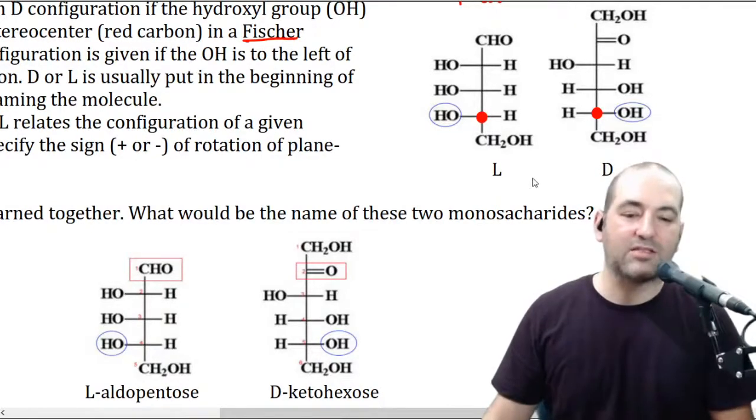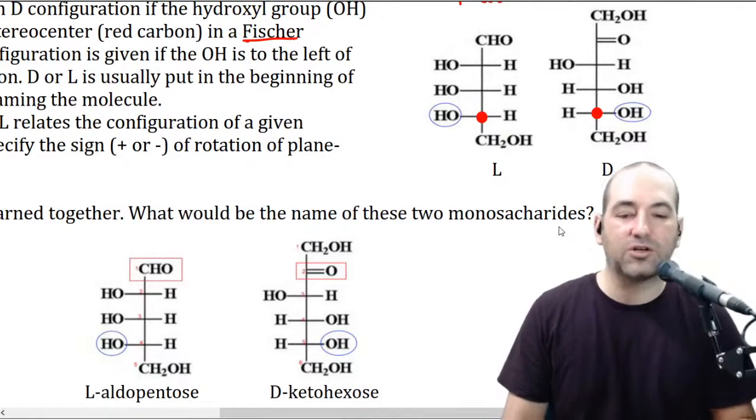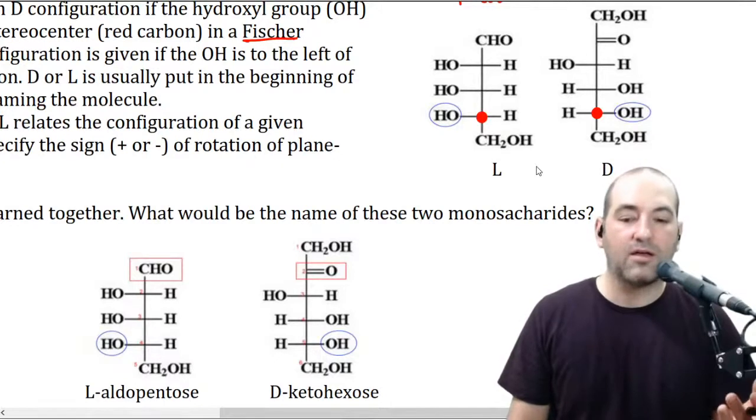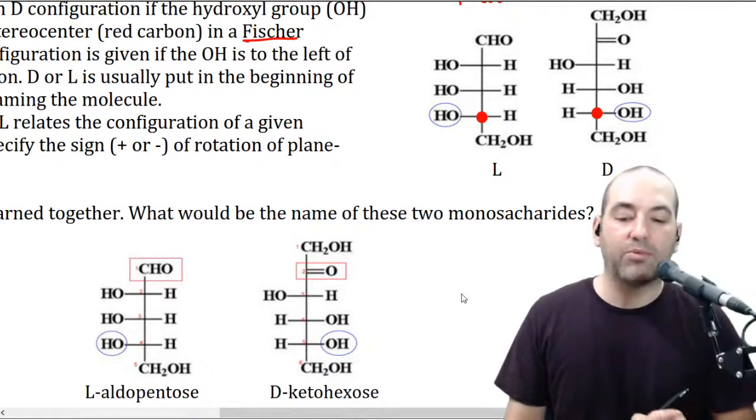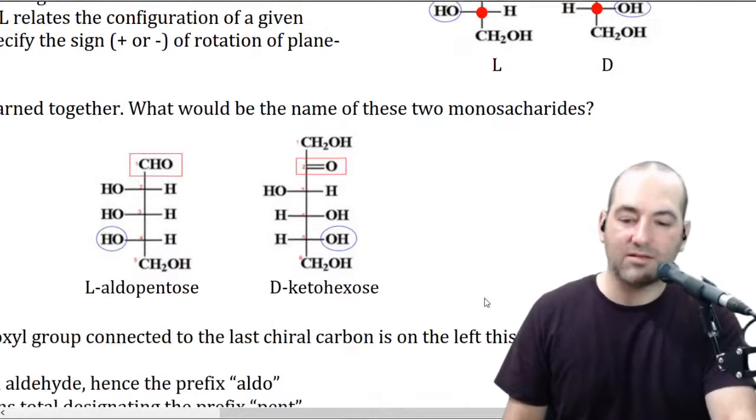You don't have to know that necessarily, but you should know that L means this one's on the left, and D means this one's on the right. And that's how we can classify these sugars. Because stereoisomers are actually different molecules, this really matters. Pretty much all biological sugars are D sugars, and the L ones would kind of mess with you in many cases, and not great.